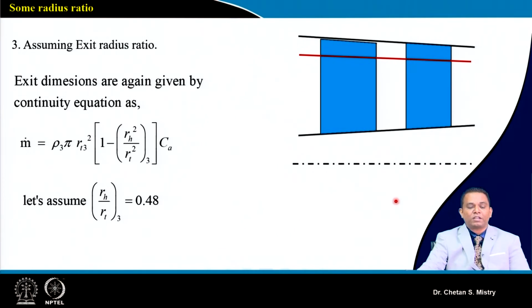So let's discuss assuming the exit radius ratio. Your entry radius ratio is given to you, and in the same way you can assume your exit radius ratio. Now the question will come: how do we decide this exit radius ratio? Suppose you are doing your design for the LP compressor last stage, and other designers are doing their design for the HP compressor.